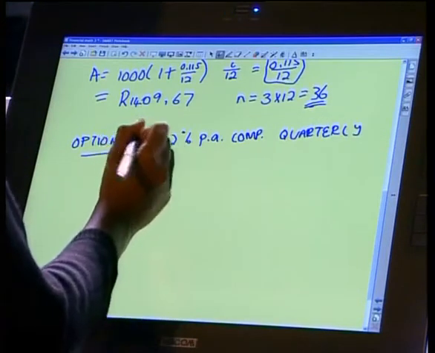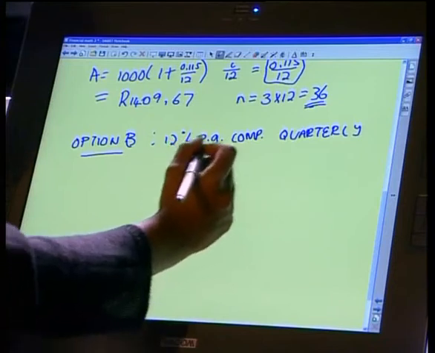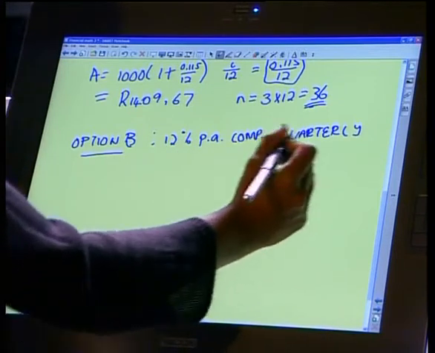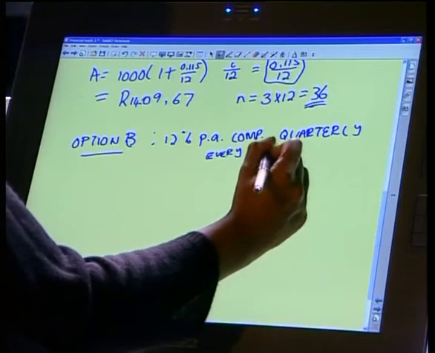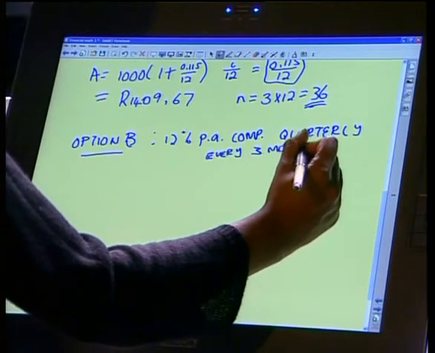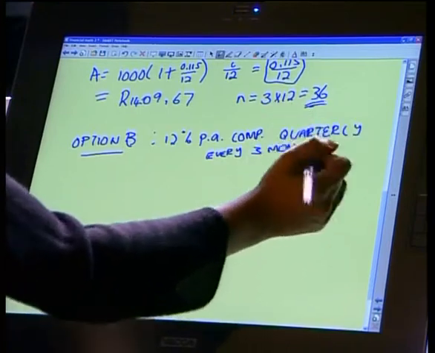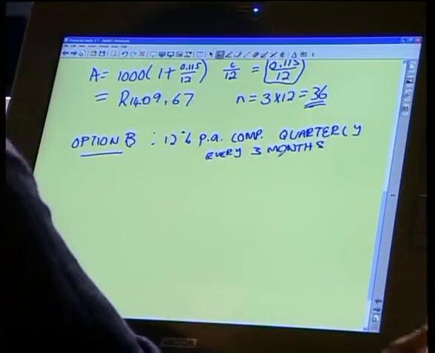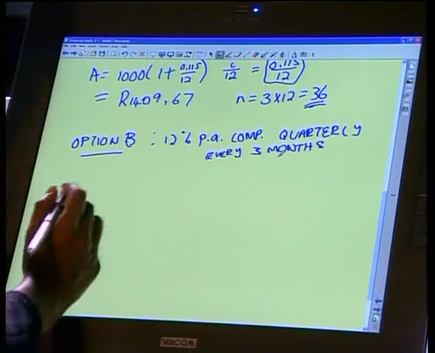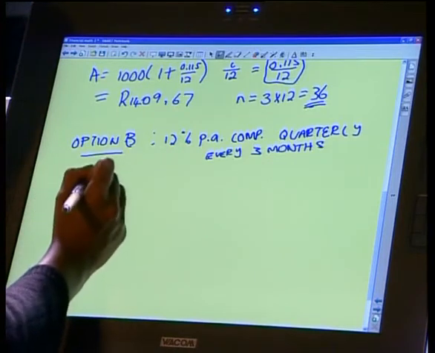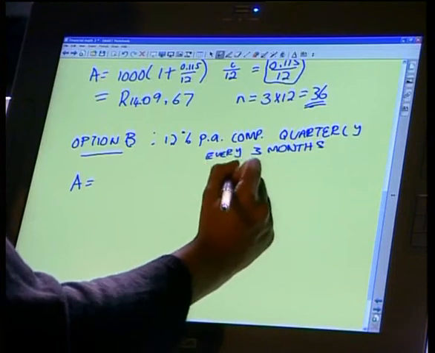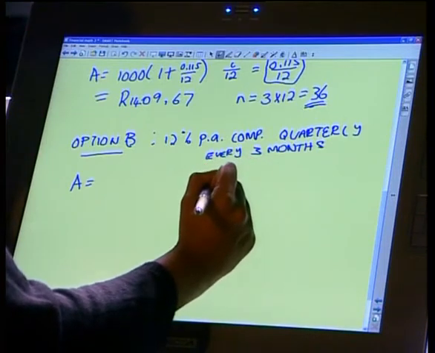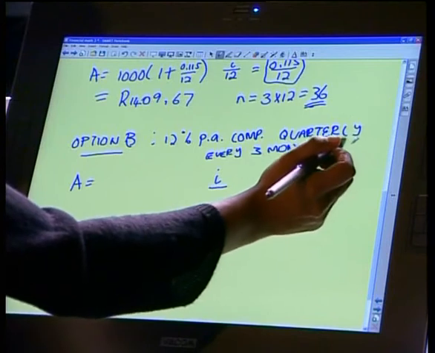Now what that means is that you are going to get interest paid into this investment every 3 months. Quarterly, we're taking the year, dividing it into 4 parts, and that will give us 3 months every time. So in order to work out what our final amount is, remember we've got to make 2 changes to our formula. We need to take the interest rate and divide it by the number of compoundings.